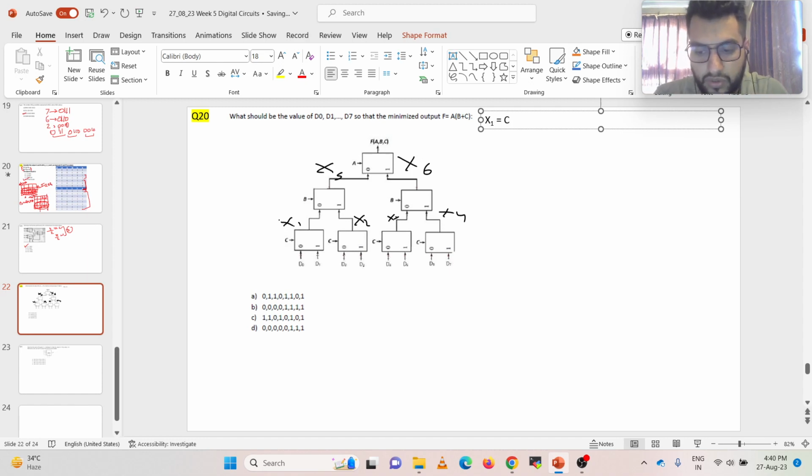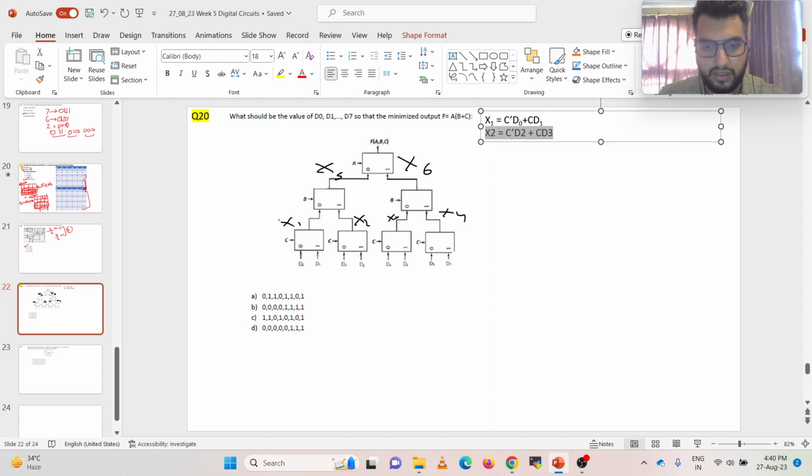So x1 is equal to C bar D0 plus C D1. Then x2 will be equal to again C bar D2 plus C D3.